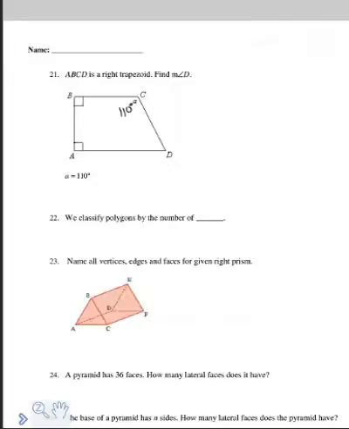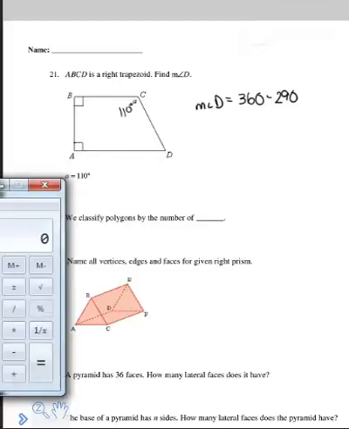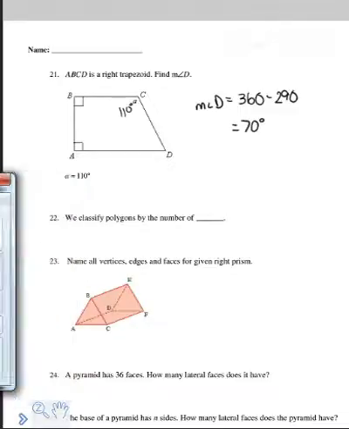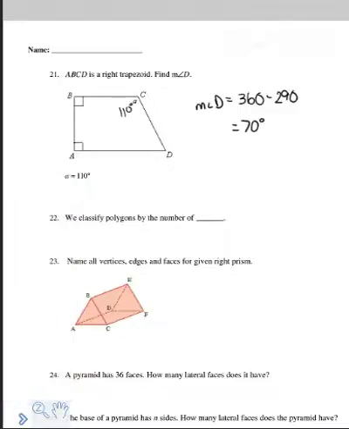So measure of angle D equals 360 minus 290, and equals 70. We classify polygons by the number of sides. Like a triangle has 3 sides, a quadrilateral has 4 sides, a pentagon has 5, and so on and so on.